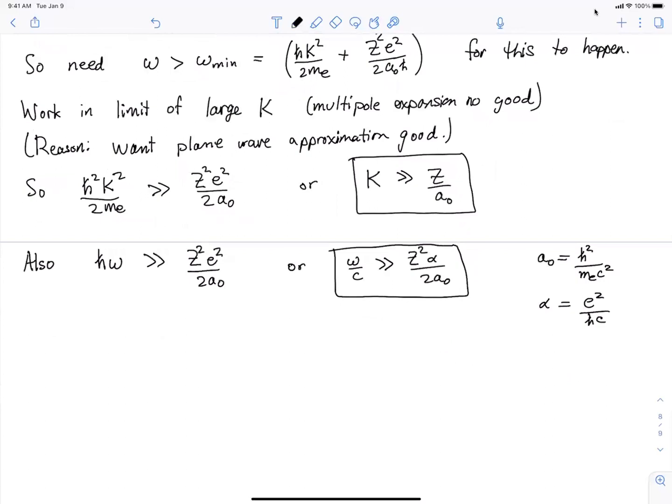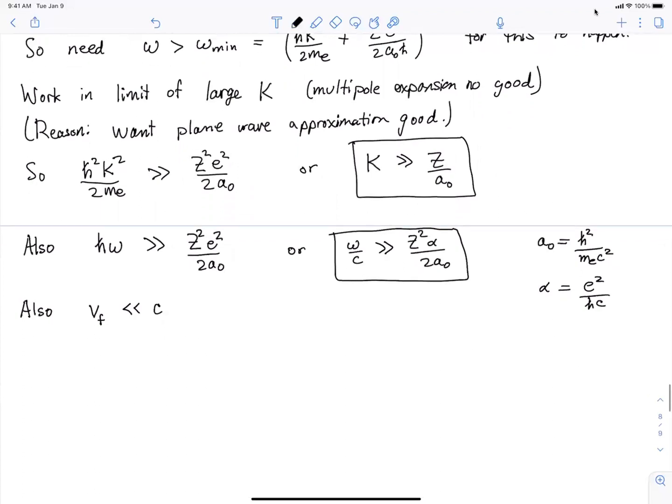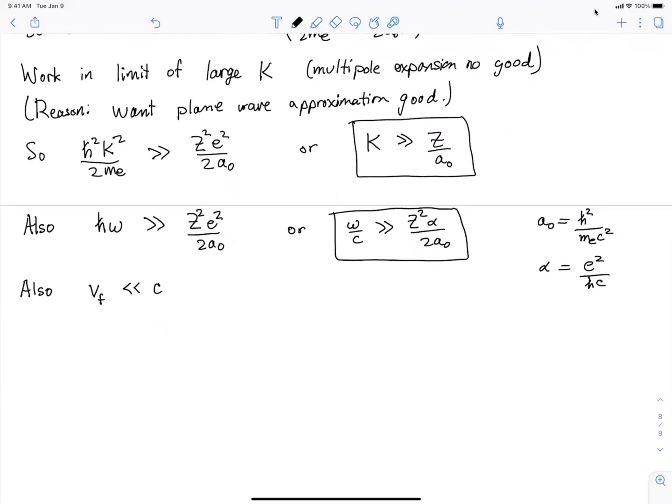Okay, we also had better make sure in our approximation that the velocity of the final state is not too large. Because if it's significant compared to the speed of light, then we should be doing relativistic quantum mechanics, and we're not. So in order for our claim to be valid, that has to be true. And so let's see what that means.